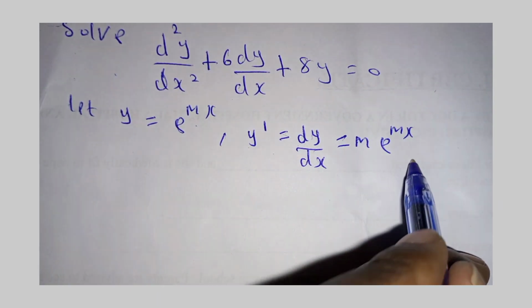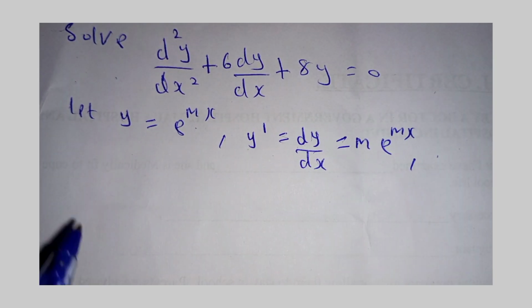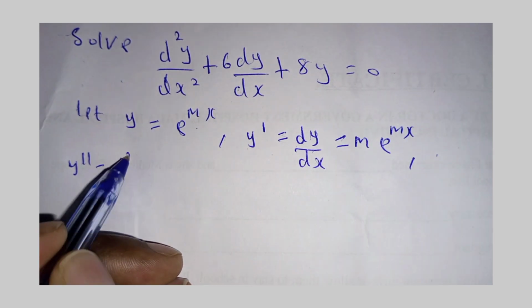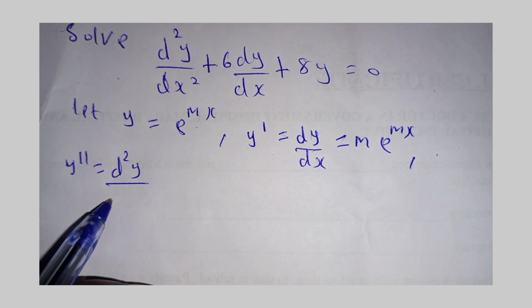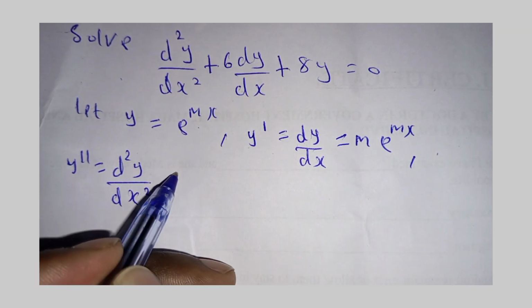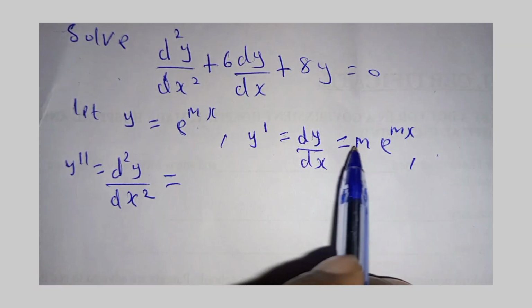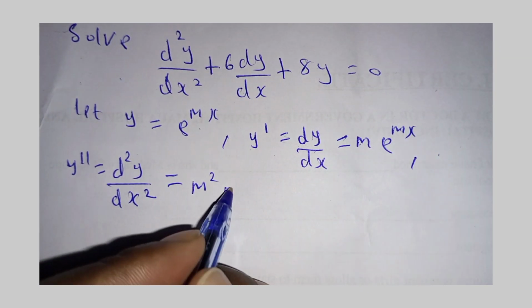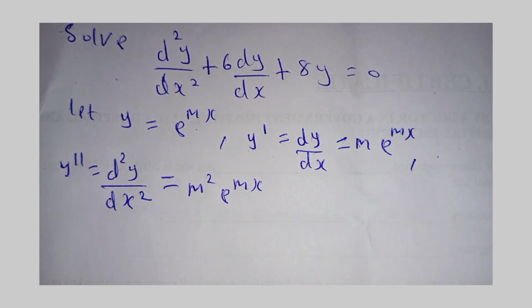Then you differentiate it twice. Y double prime is the second derivative of y with respect to x, which is equal to m times m, giving m squared exponential mx.